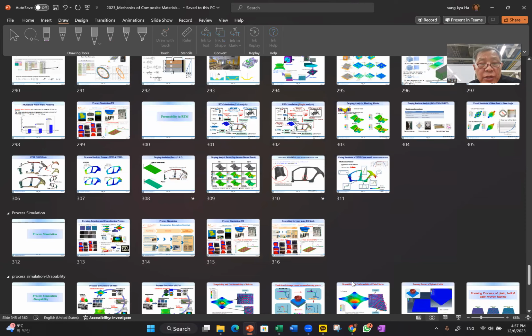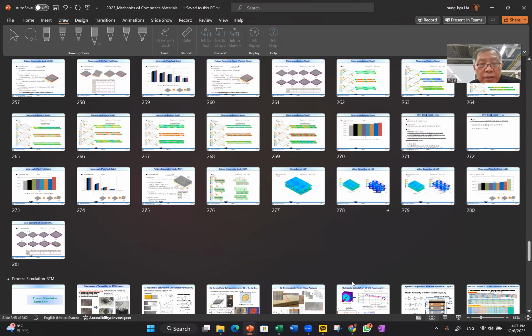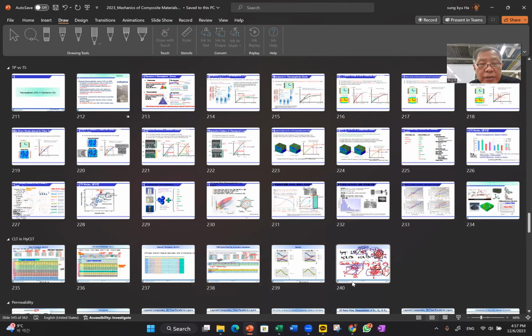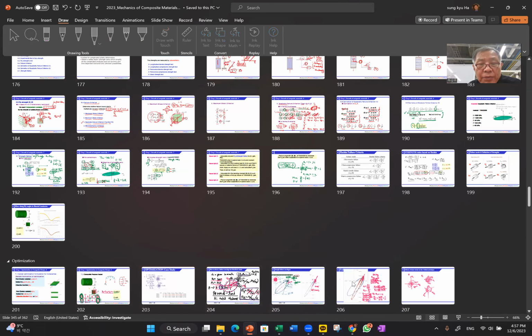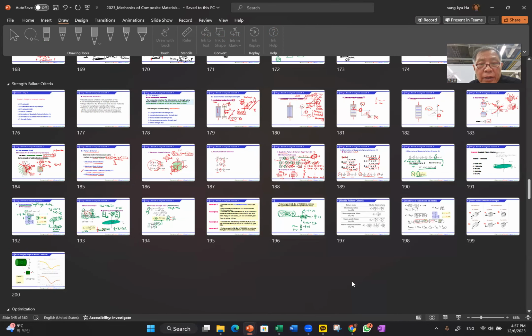I'm trying to cover as many topics as possible. So that's the idea of all the composite manufacturing. In composite manufacturing, the most important point is we have dry tows or fabric, and we have a resin.